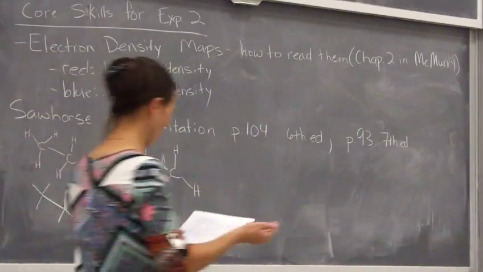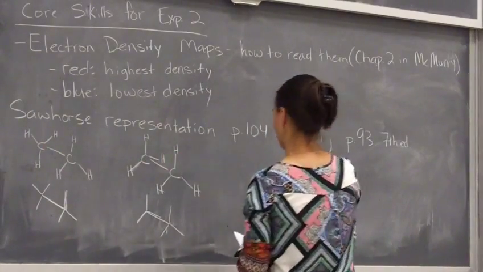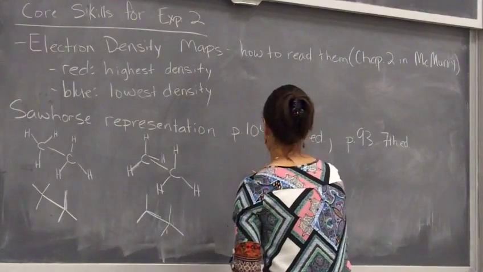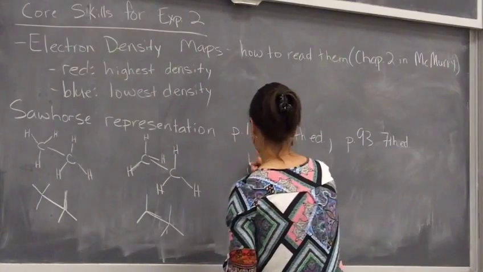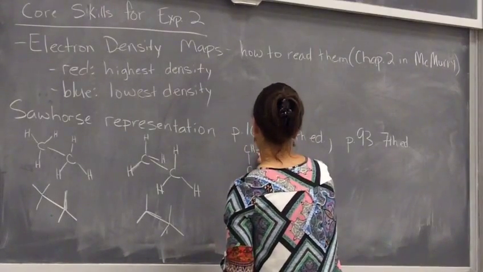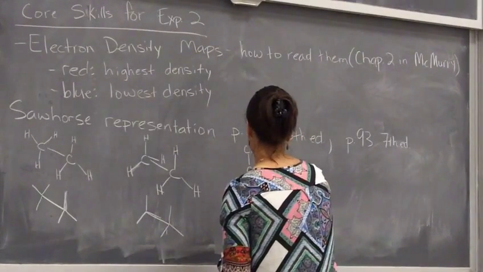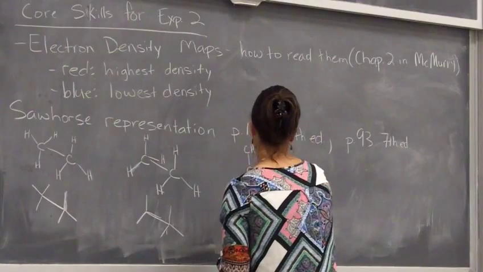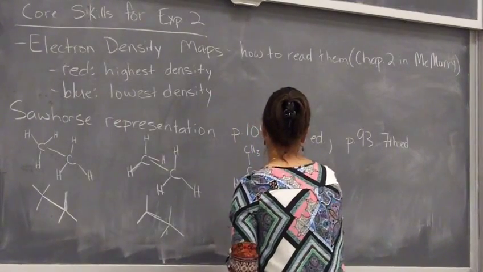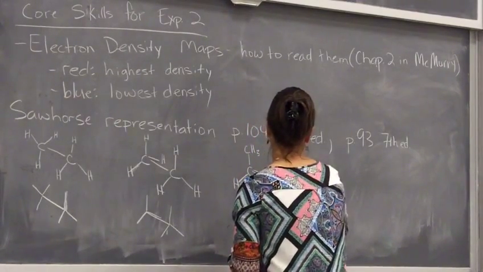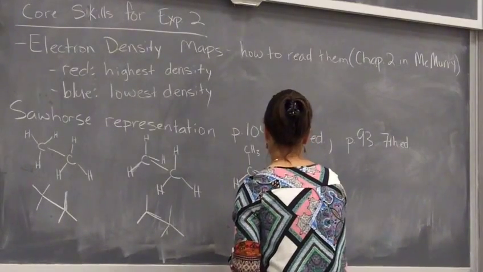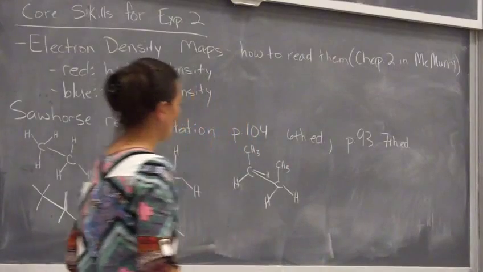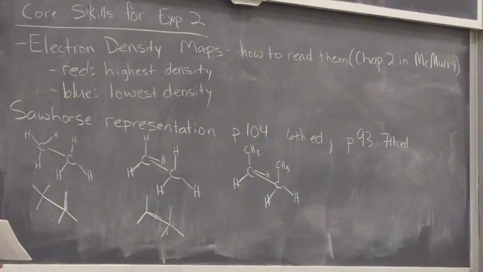So say we did want to look at eclipsed butane, then that would be the sawhorse representation showing all the carbons, okay?